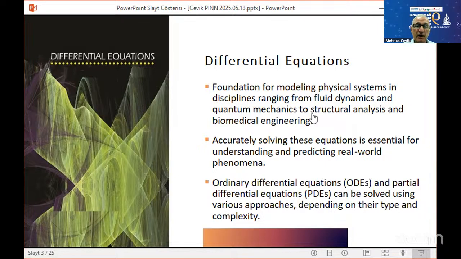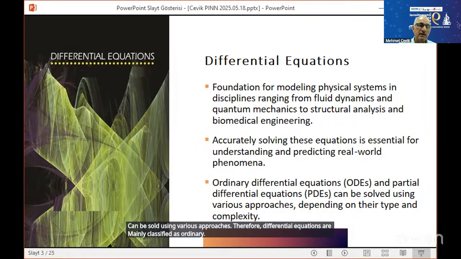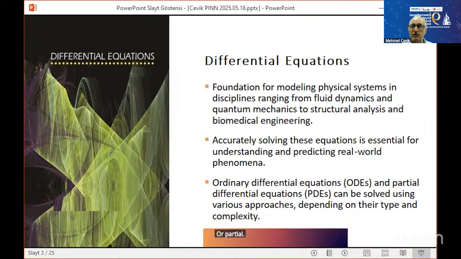Ordinary and partial differential equations can be solved using various approaches. The differential equations are mainly classified as ordinary or partial according to the number of unknowns, and we use various approaches depending on their type and complexity.